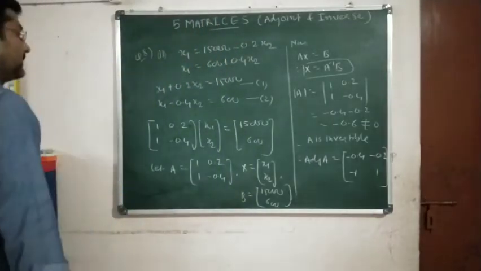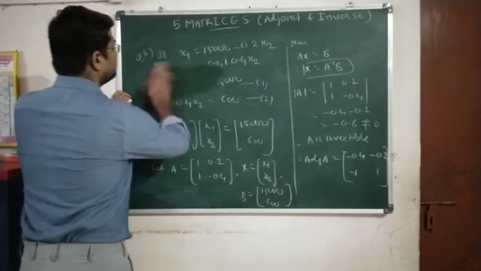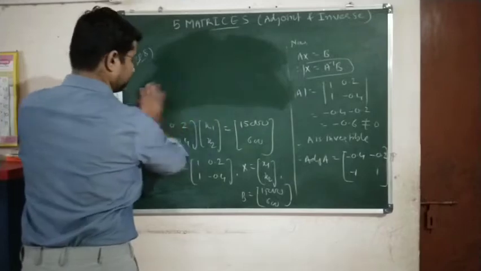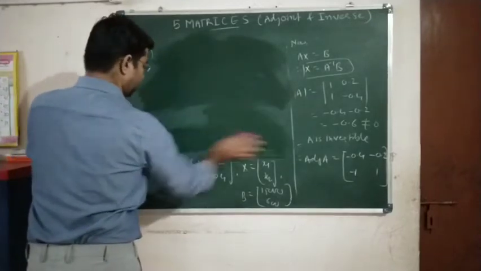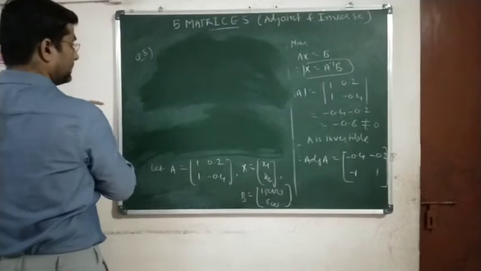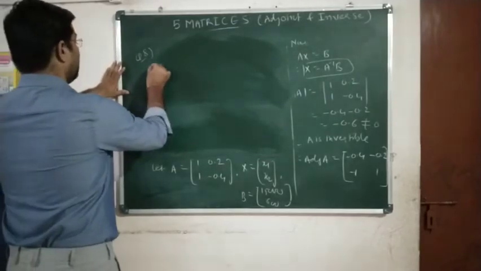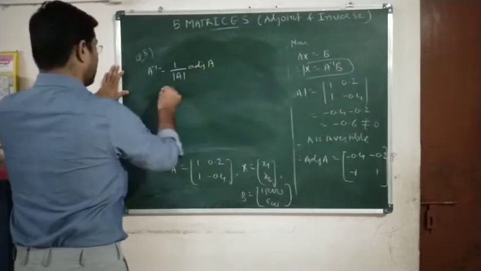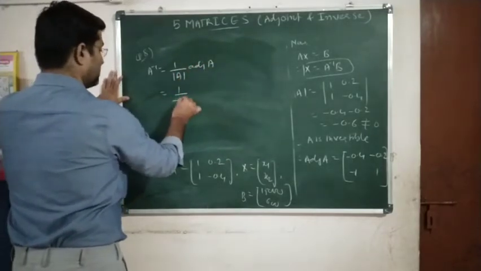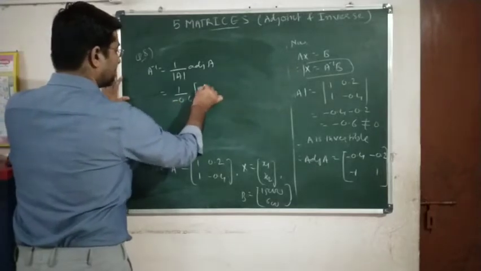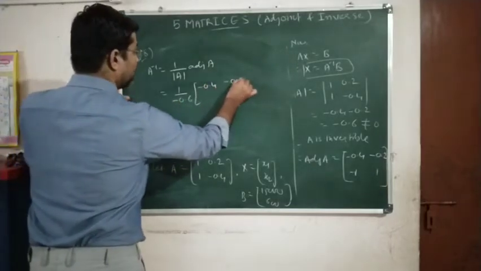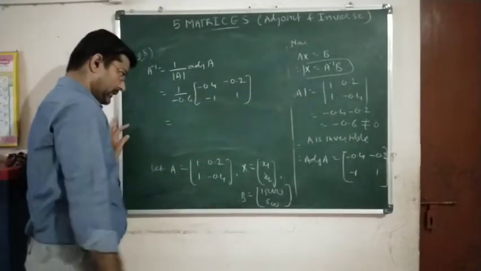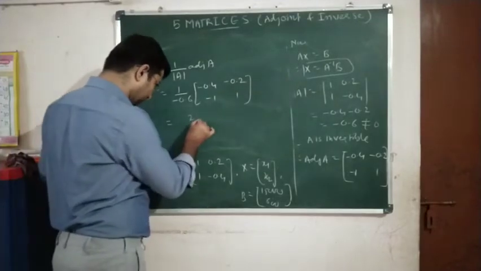Now let us write down the inverse. Okay, now A inverse is equal to 1 upon determinant of A into adjoint of A. Adjoint of A is minus 0.4, minus 0.2, minus 1, 1. Okay, so minus 0.4 upon minus 0.6 is 2 by 3.